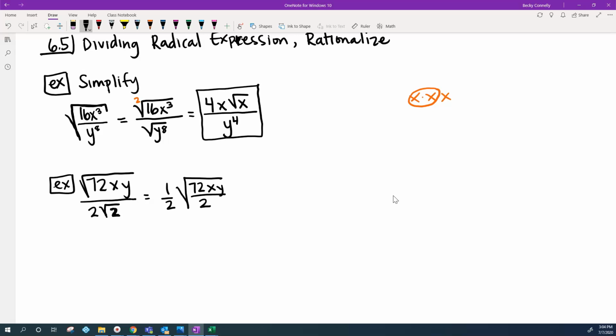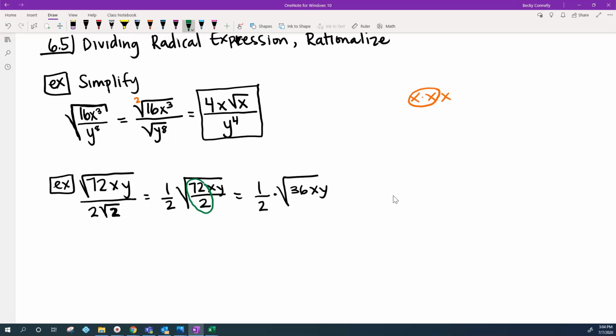When I was looking at this, I was thinking, if I do 72 divided by 2, is that going to simplify? Is it going to give me a perfect square that I can simplify easier? And it does. That gives me 36. So here I'd have 1/2 times the square root of 36xy.